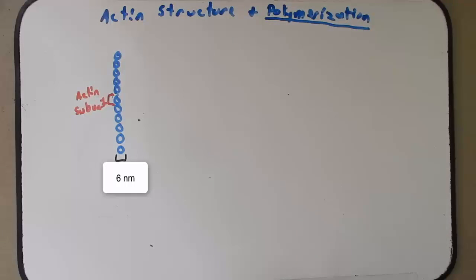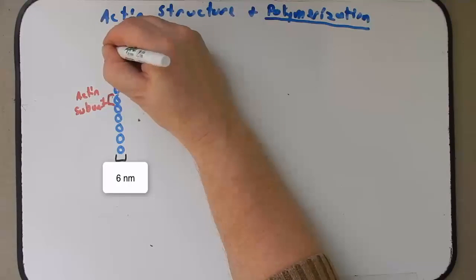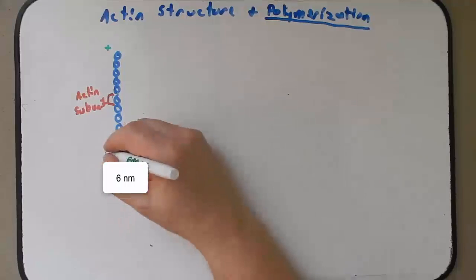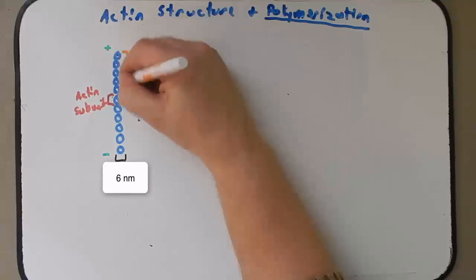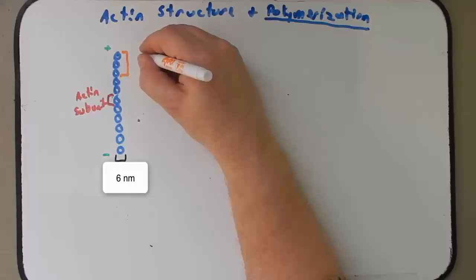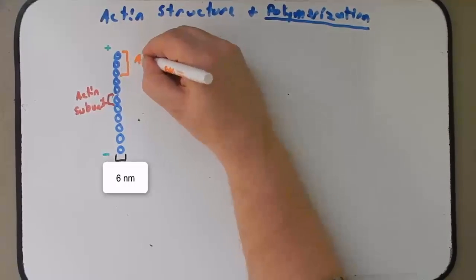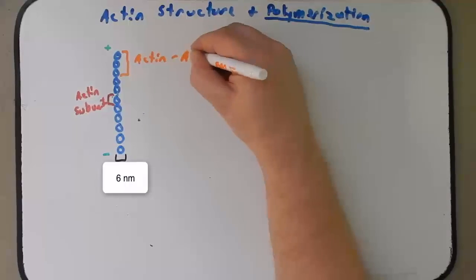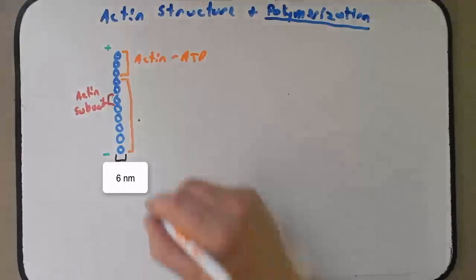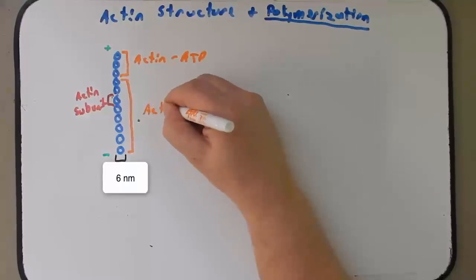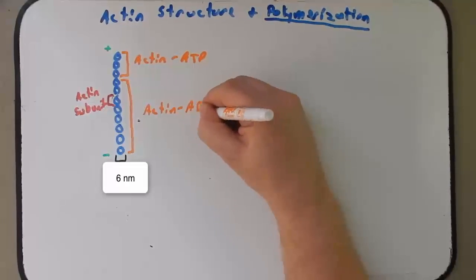Now the actin filament, as I've drawn here, has a polarity to it. At this end, we call it the plus end, and this end, we call it the minus end. At the plus end, these subunits of actin contain ATP. So I'm going to draw this as actin ATP. The subunits going towards the minus end have actin ADP.